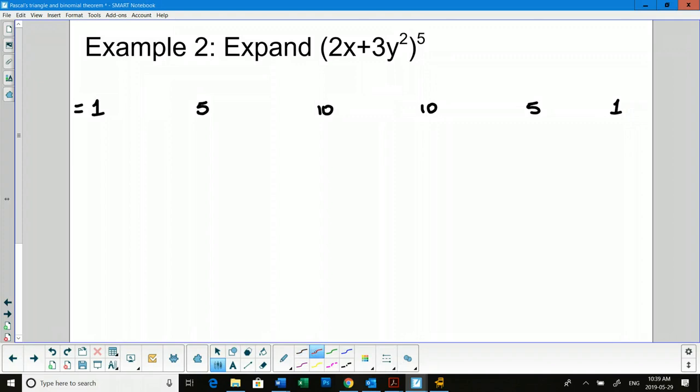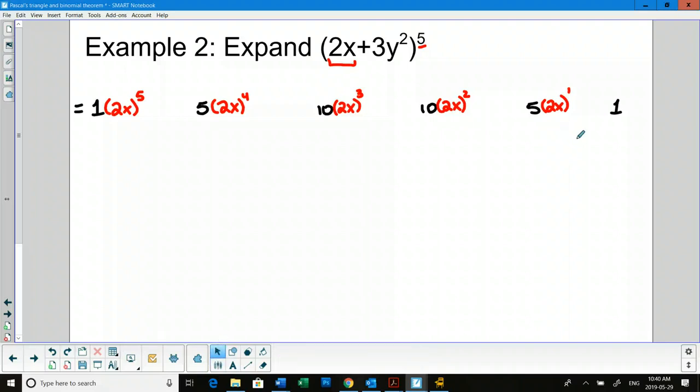All right, we're going to start with the thing on the left with the exponent 5 and count our way down toward the right. So 2x to the 5, 2x to the 4, 2x cubed, 2x squared, and 2x to the exponent 1.